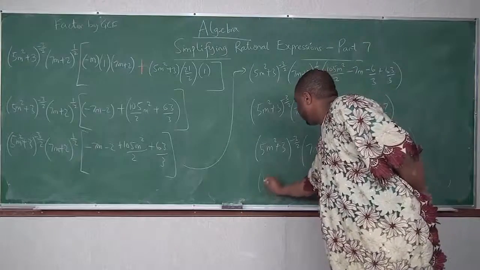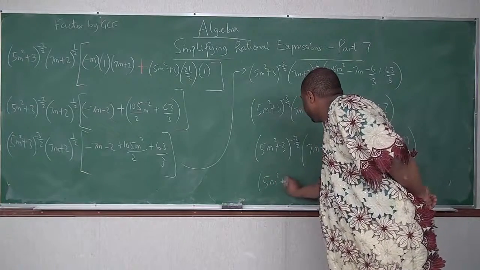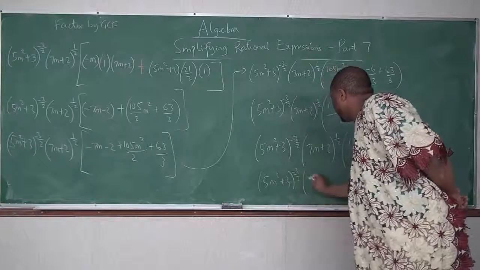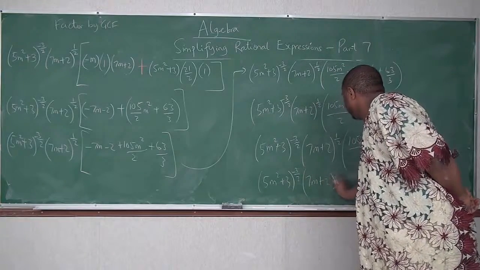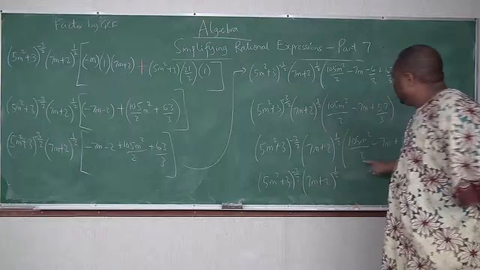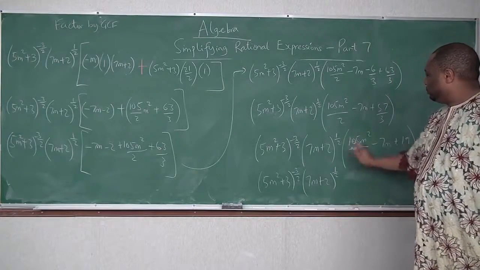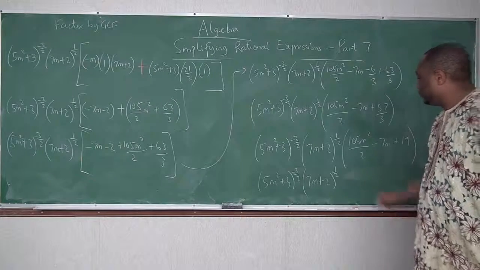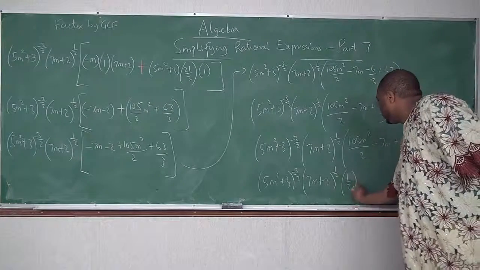This will be 5m squared plus 3 exponent negative 3 over 2 times 7m plus 2 exponent 1/2. Let's try to factor out 1/2.